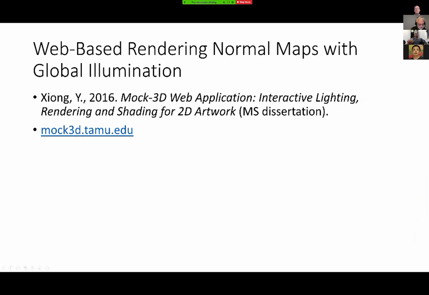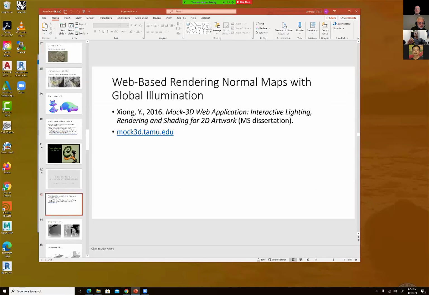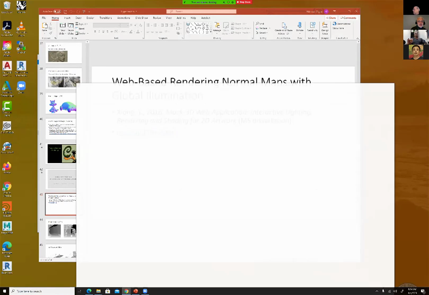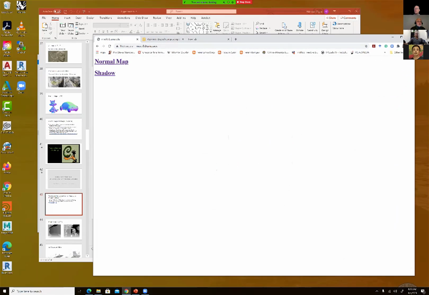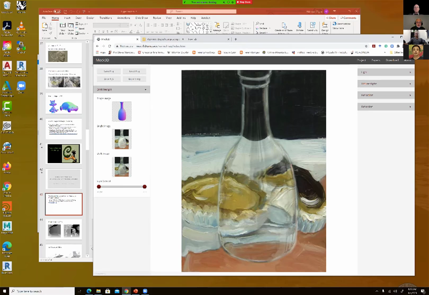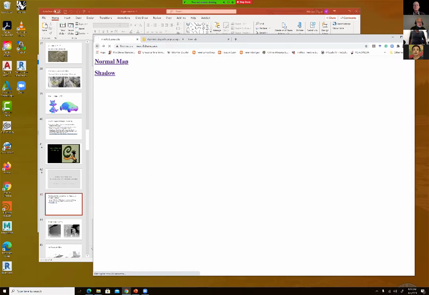Okay, if you go to the Mach3D tamu.edu, this is the first piece I showed you. You can play with it, and you can play with all these functions, but I will show you something else. That will be the second one.